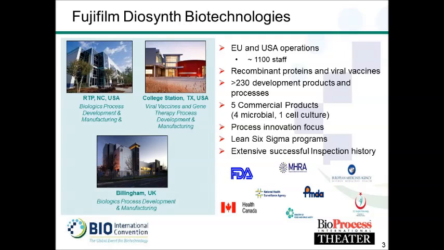College Station, Texas, US, has the capability for viral vaccine and gene therapy process development as well as manufacturing. In total we have about 1,100 staff, scientists and people. So far we have developed over 230 development products as well as processes, including 5 commercial products: 4 fermentation microbial products and 1 cell culture product.